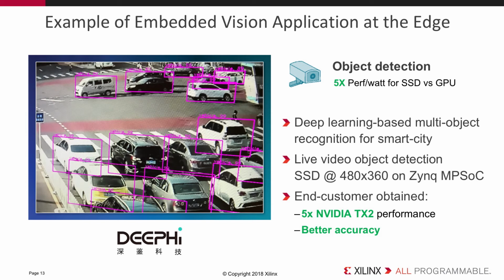And again, they're getting that kind of performance for the same reasons, custom memory hierarchy, custom data flow, but also because they're able to trim the neural network to the specific needs of that application. And by trimming the neural network, it allows them to put more compute into the same device. So they get better accuracy and 5x the performance of a GPU. You can talk to them today. Again, they have a booth here.